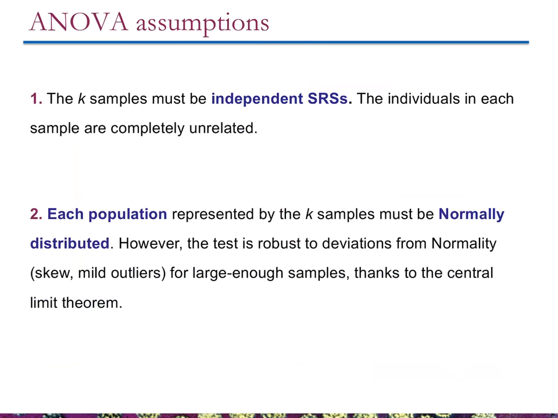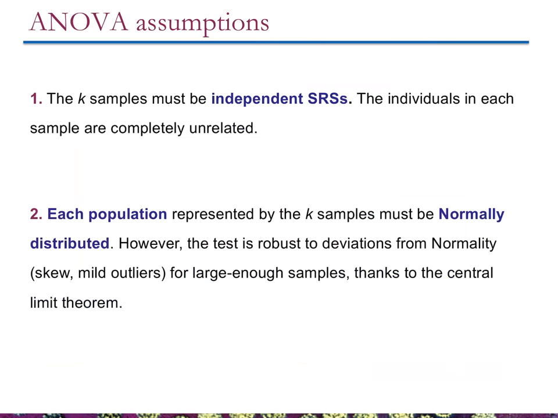Secondly, each population represented by the individual samples must be normally distributed. If they're not normally distributed, however, as long as our total sample size, the total number of measurements across all of our samples, is large enough, then we can get around this problem.